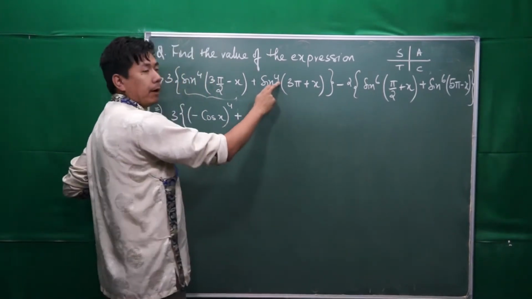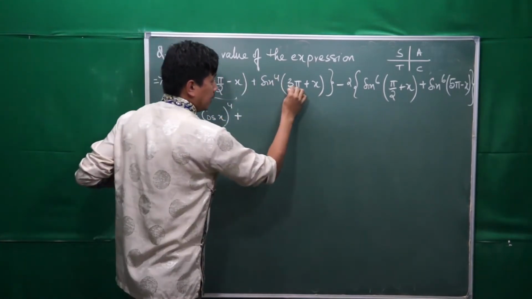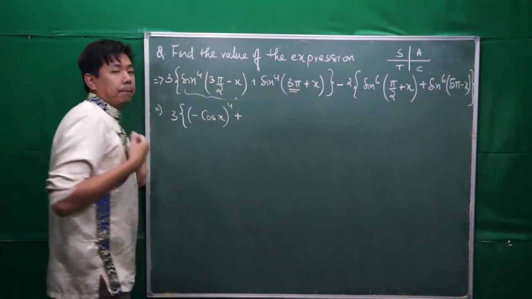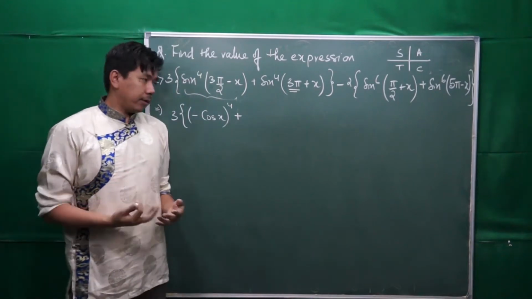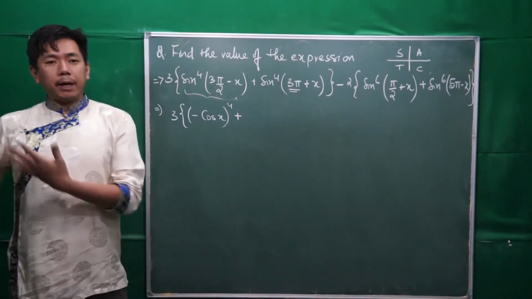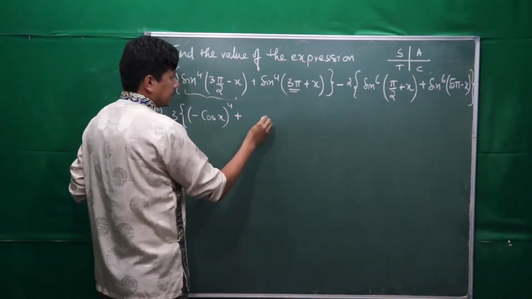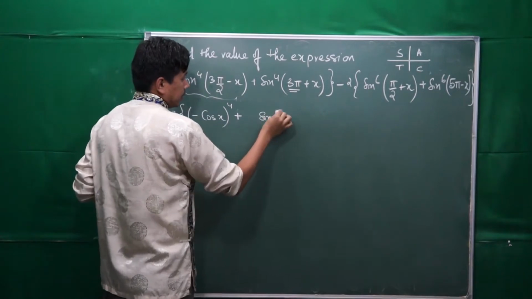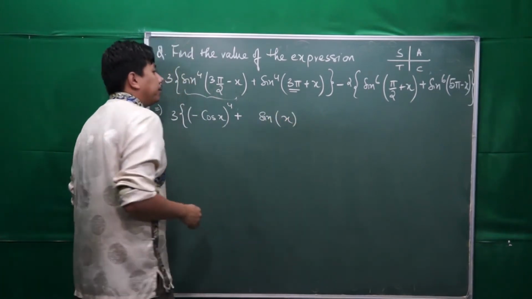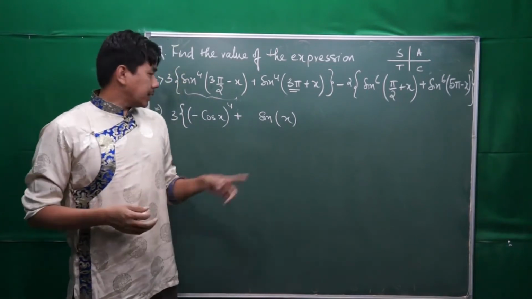Now the same thing happens in the second case. We have sine to the power 4 (3 pi plus x). Now this is a multiple of pi, or you could say an even multiple of pi by 2. So this will remain as it is, sine x. But what about the sign?